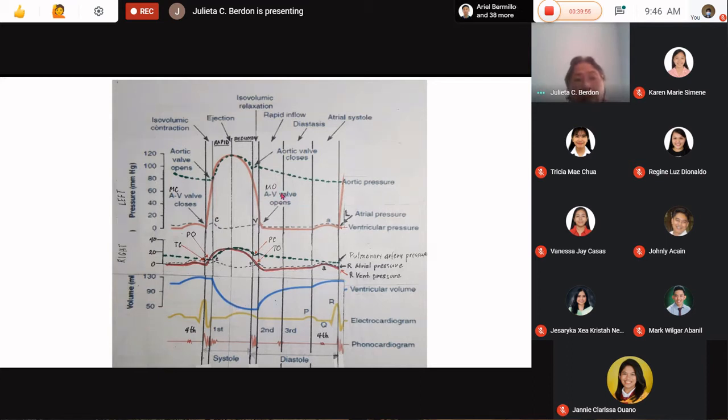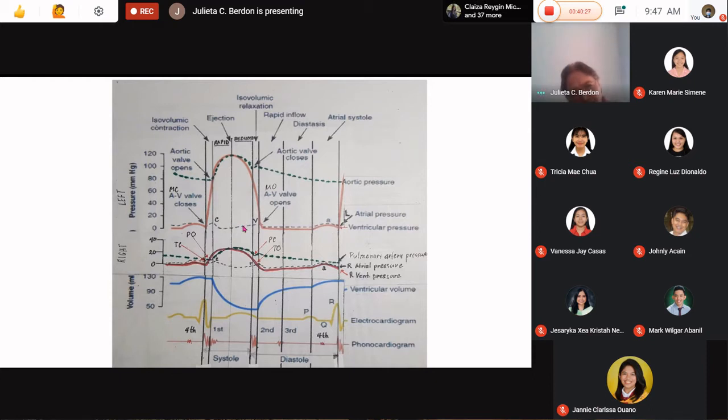But look, let us look at the pressure in the atria. Okay, the pressure in the atria is slowly increasing, very slowly increasing. Why? At this time, during ventricular contraction, the AV valves are closed. What is happening in the atrium? The AV valve, the mitral valve, is closed.